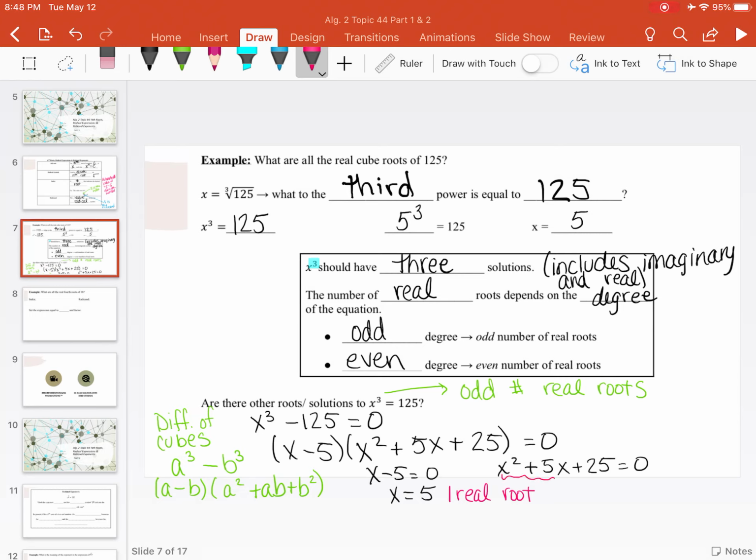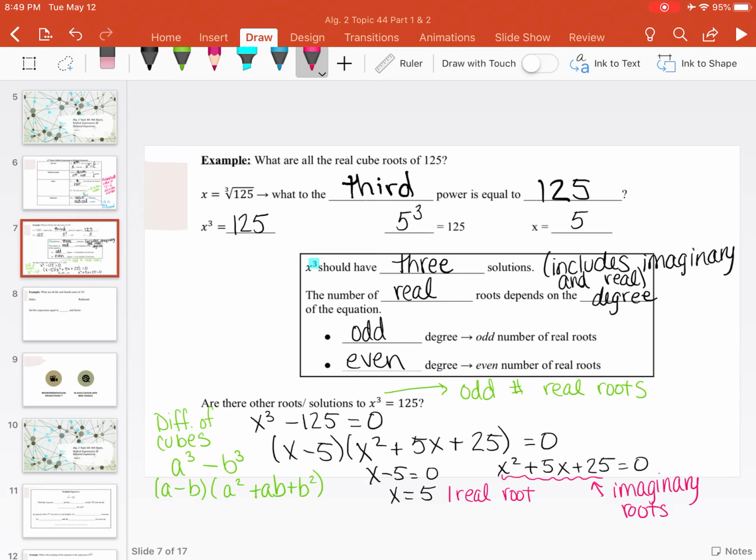So this whole trinomial gives us imaginary roots. But how many imaginary roots specifically?